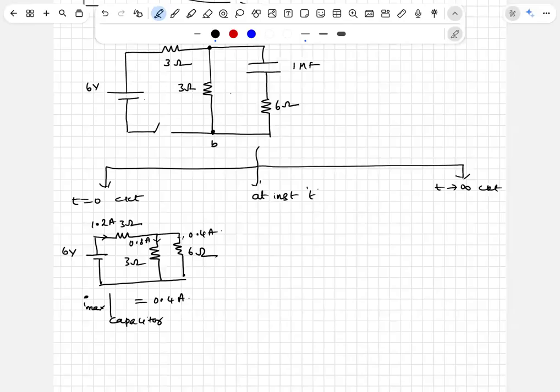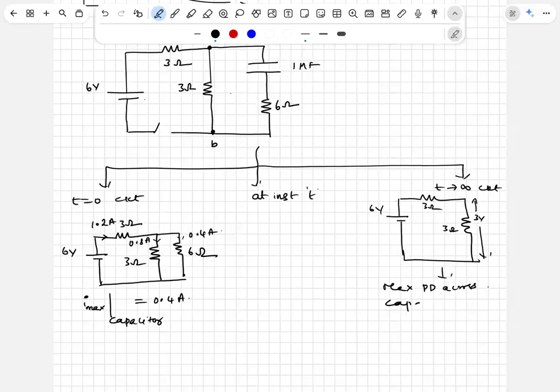Right. At t equal to infinity, remove the capacitor. So what is your circuit thereafter? 3 ohm, 3 ohm. So what is the drop across here? 3 volts, which implies the maximum potential drop across the capacitor is 3 volts.